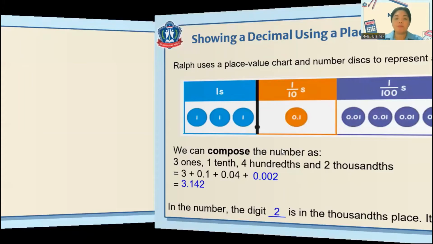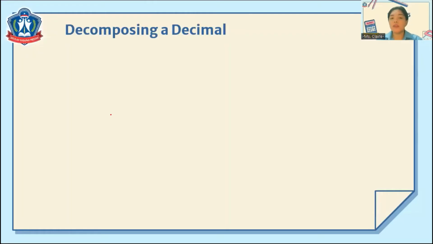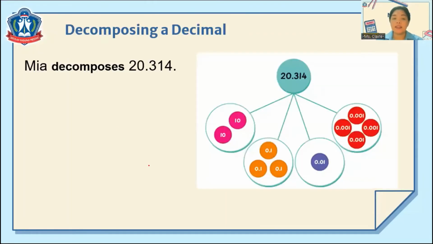Okay, now how to decompose a decimal? Mia decomposes 20.314. When we decompose a decimal, children, all we need to do is find its place values. 20 consists of two tens, right? There are no ones because it's 0. So let's proceed.